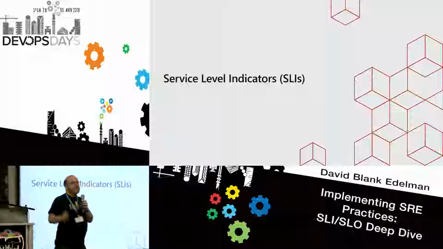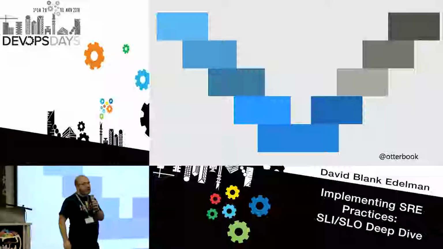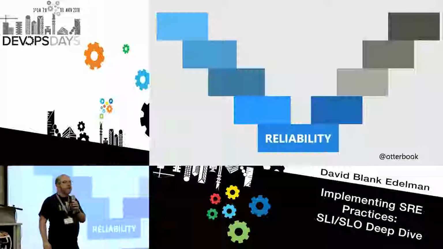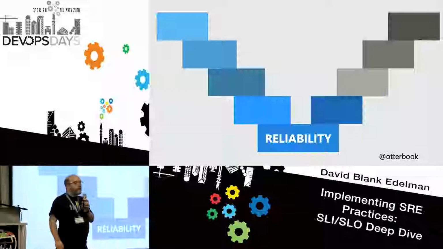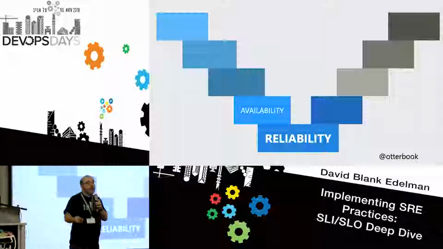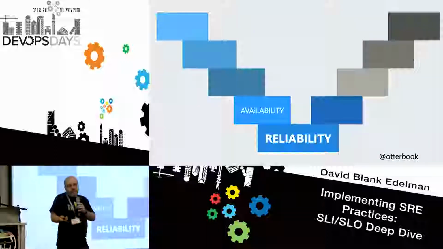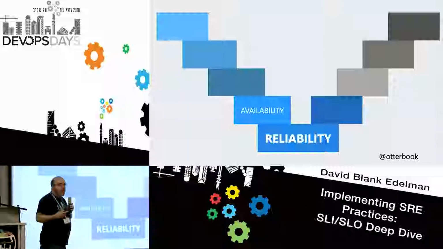Okay, so let's talk about SLIs, service level indicators. The thing to understand about SLIs is that we're talking about reliability, and reliability means a lot of different things, if you think about it. The first one that everybody thinks about is availability. Is my service up? Can I get to it? Right? That's pretty obvious, and that's probably the thing that you'll be dealing with most of the time. But it's not the only thing, and I want to make sure that you have a broad understanding of reliability.